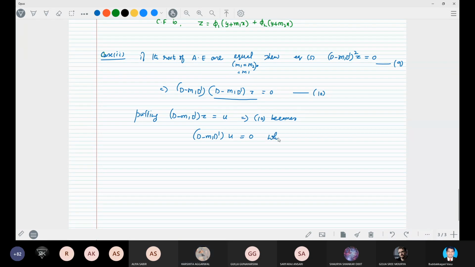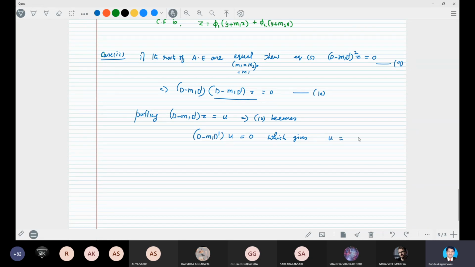Yes, sir. Which gives the solution. What is the solution of this? Can anybody say? D minus m1 D dash into u is equal to 0, instead of z there will be only u, nothing else changes.